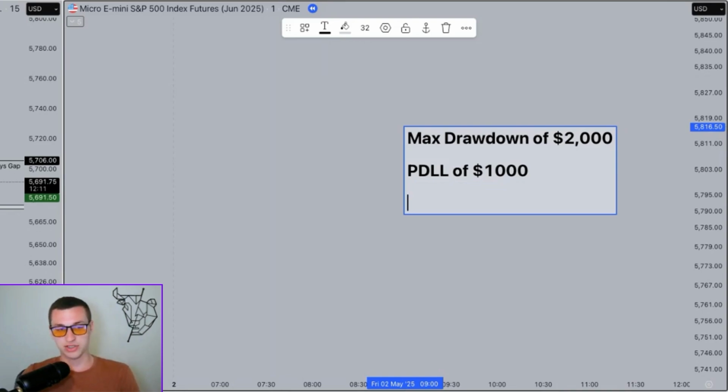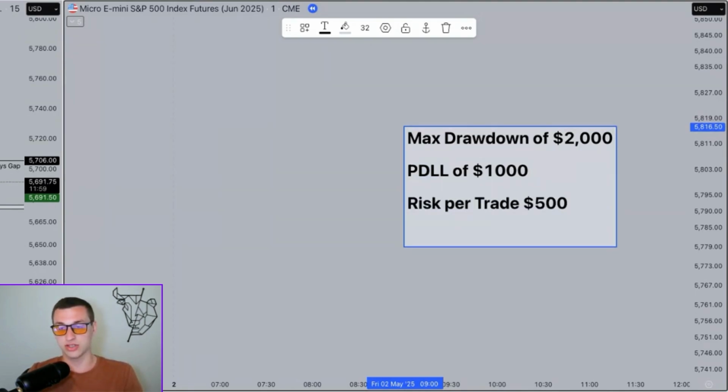Now, personally, with this 77% win rate, it's going to be very hard to take a full loss of $1,000, because the risk per trade is going to be $500. So you get 2 swings a day, and the max daily loss you can take is $1,000. You're risking $500 per trade, and you have the personal daily loss limit of $1,000.